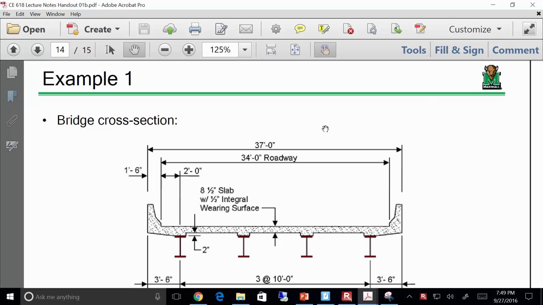For MP, I think you're going to see how incredibly simple it is. For MY, we're actually going to have to go back and refer to those moments and shears that we distributed a while back, because we need some of those moments in order to compute MY. Remember, composite beams, we have to track that progression of loads, so we'll need those moments. For now, for MP, it doesn't matter.